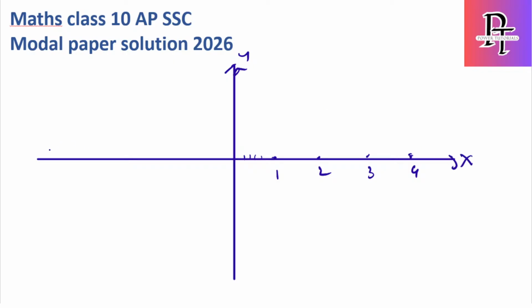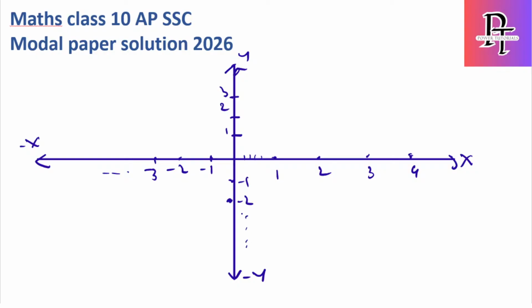This is x, this is minus x, this is minus y. These are plus y, 1, 2, 3. Same way this is minus x, minus 1, minus 2, minus 3 and so on. Same way below is minus y, which is minus 1, minus 2 and so on.